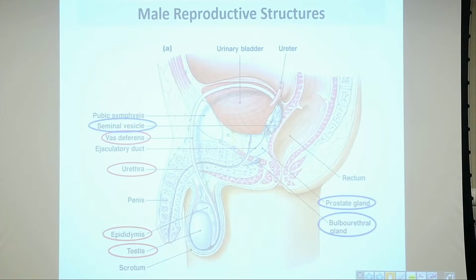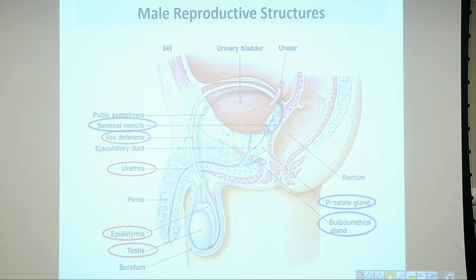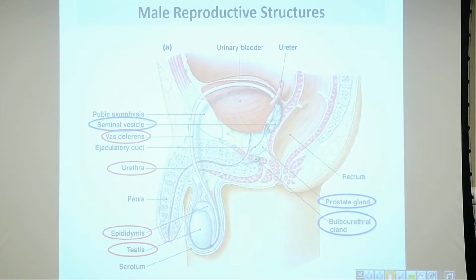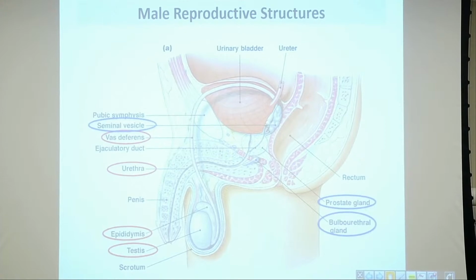The joining of the two vas deferens leads to the formation of the ejaculatory duct. The ejaculatory duct joins the urethra in the prostate and goes into the penis as the urethra, as you can see here.